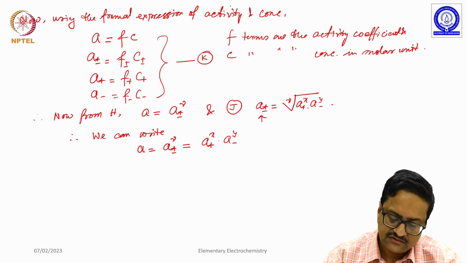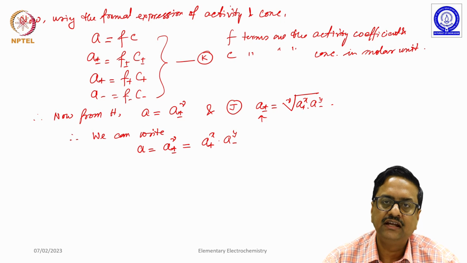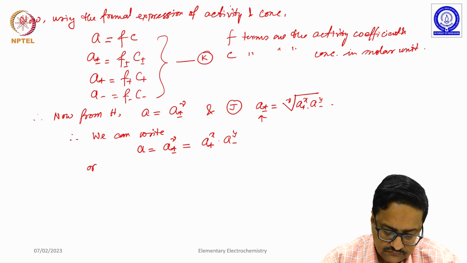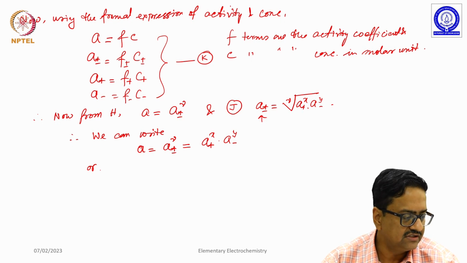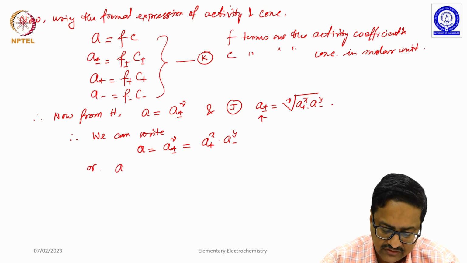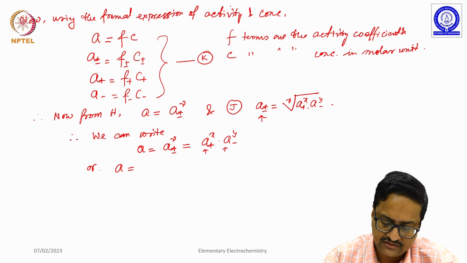So now we replace these terms with the corresponding activity coefficient and concentration. So we can further write, in place of A, we write f into c, or we can still continue with A on the left hand side and replace the terms on the right with f and c.